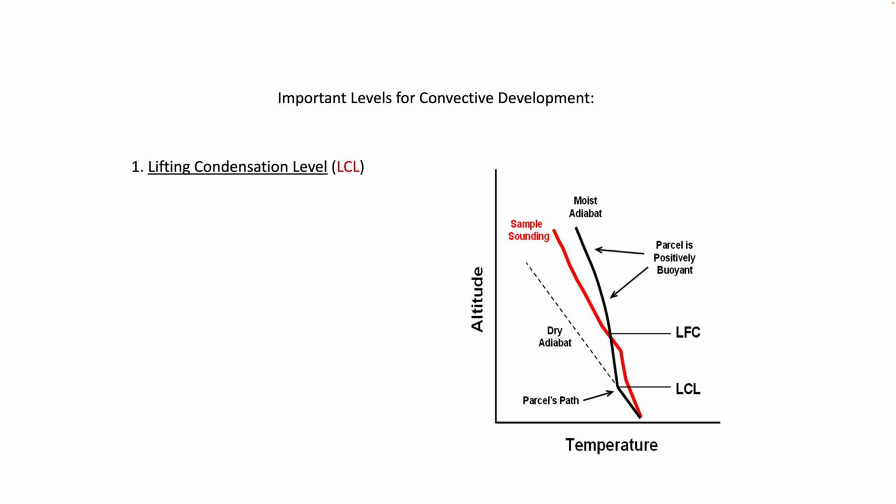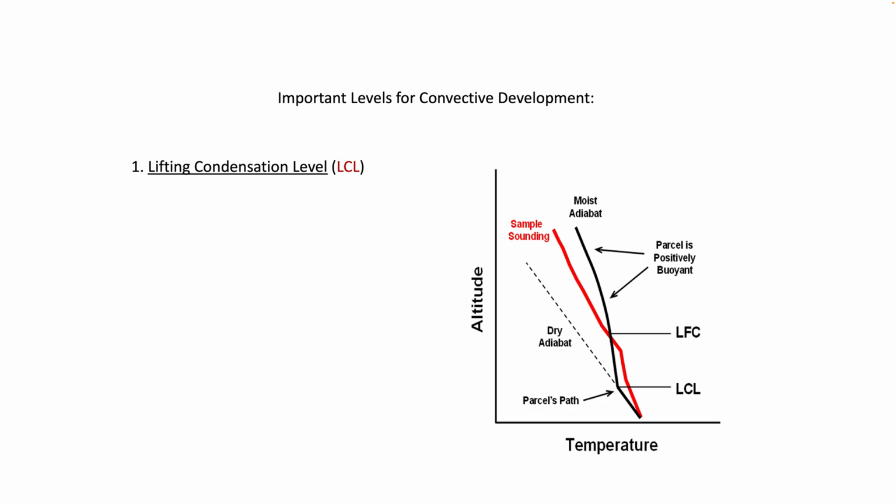Now what I want to do is point out two important levels in the atmosphere when it comes to thunderstorm development. And you'll notice I have the word convective here, and we'll get to convection in a minute. So the first level, which I have right here on the right-hand diagram, is called the lifting condensation level, or the LCL. The lifting condensation level is the level to which a parcel must rise in order for the parcel to become saturated.